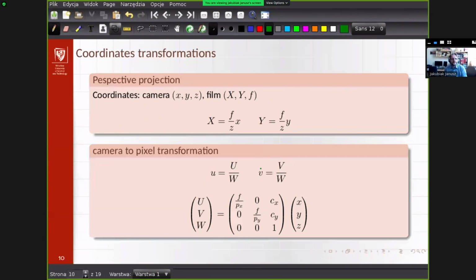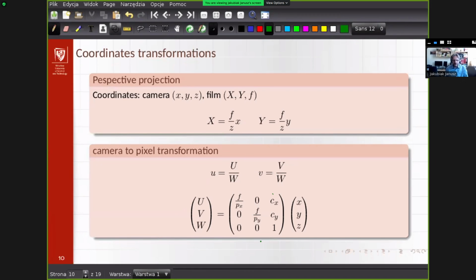But okay, so what happens here? We already had this part, and then we transform the data to the pixels in such a way that our pixel data are the transformations from the camera to film, and from film to the pixel. px and py are just resulting from the resolution of the image. cx and cy are the center of the image.